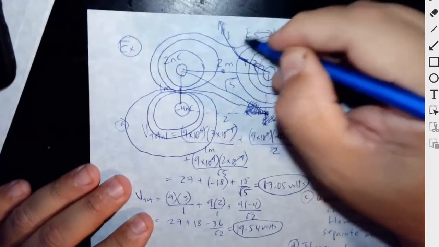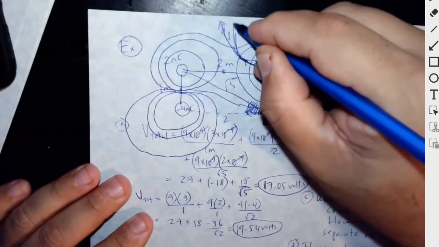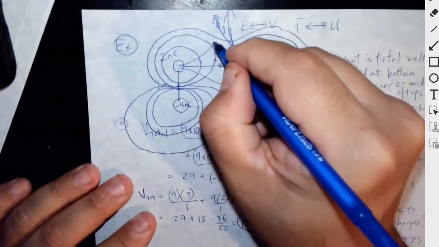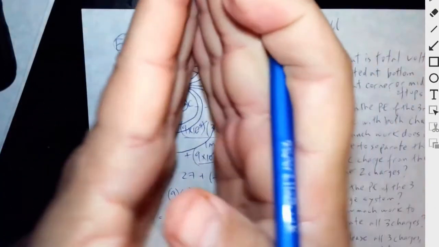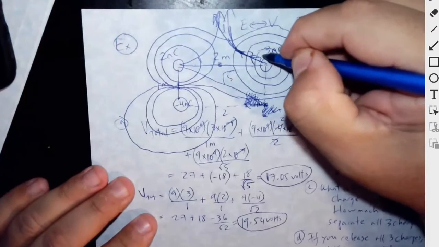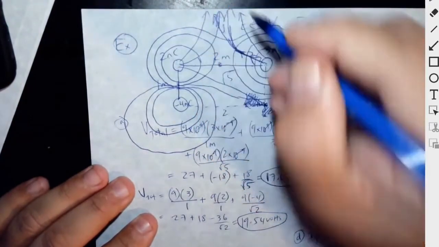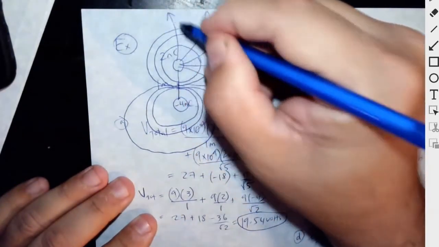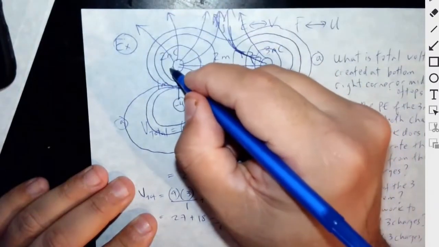Oh, I should draw it more perpendicular, like this. Then there's one coming out through here, perpendicular, perpendicular. So it's kind of like this, you see. This one you could draw like this.